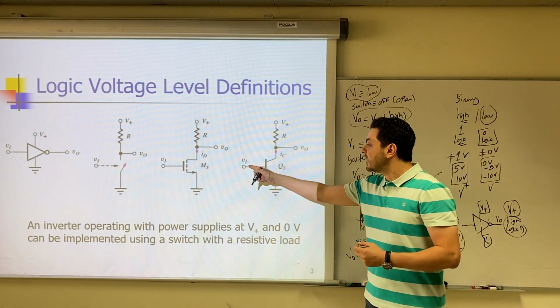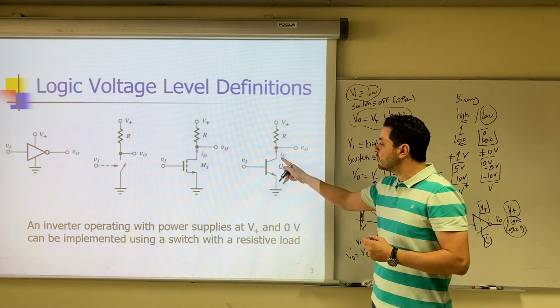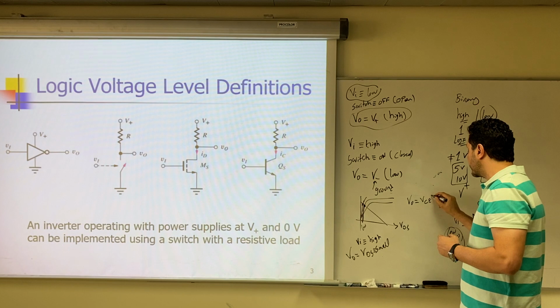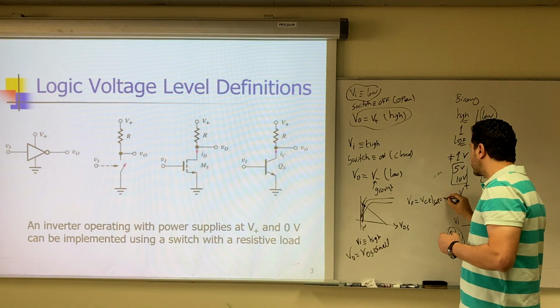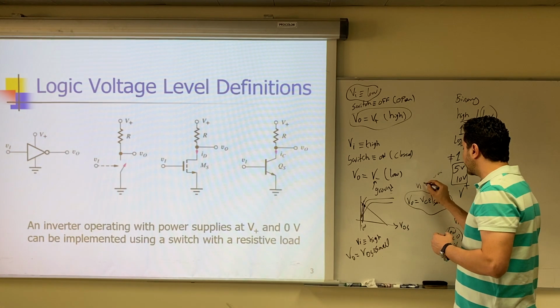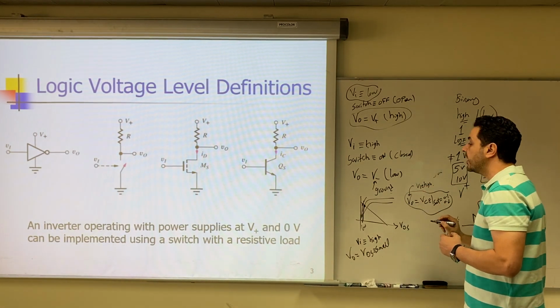And when the input is high and the transistor operates in saturation, the output will be equal to VCE saturation, which is in the range of 0.1 or 0.2, right? So when the input is high, then the output will be low.